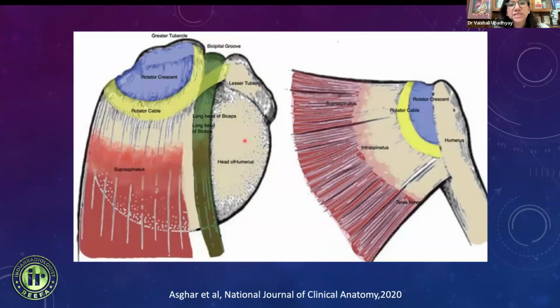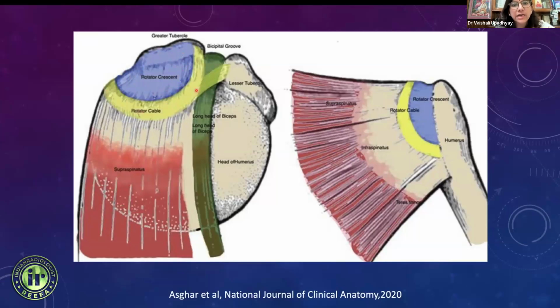There is a concept of the rotator cable and crescent. This thick band of fibers, which is indicated in yellow over here, is known as the rotator cable. This band of fibers passes beneath the supra and the infraspinatus. It is supposed to stress shield the lateral part of the cuff, which is known as the crescent.